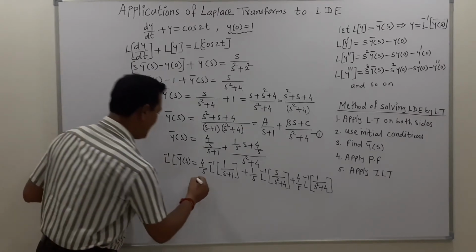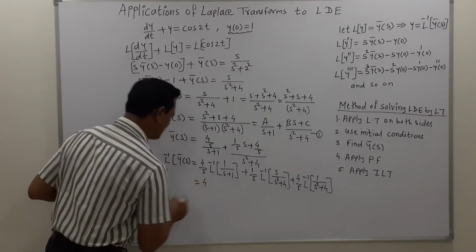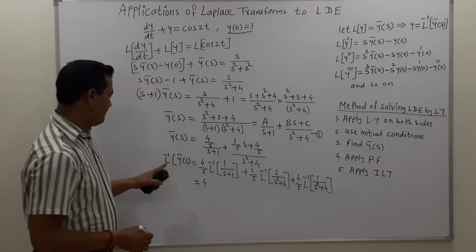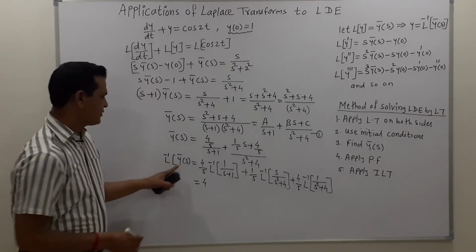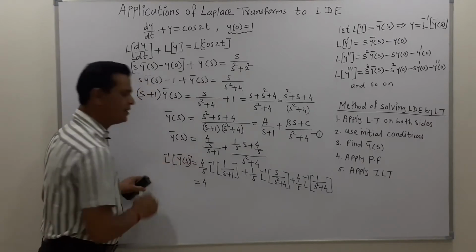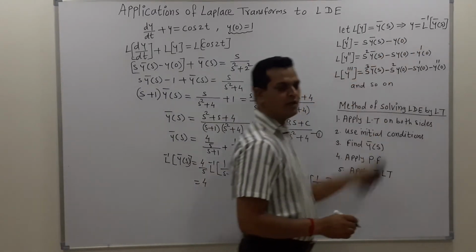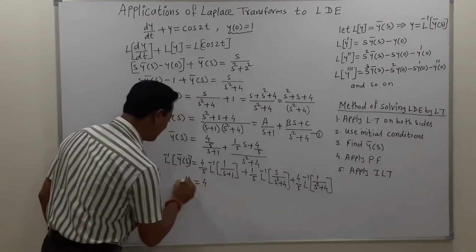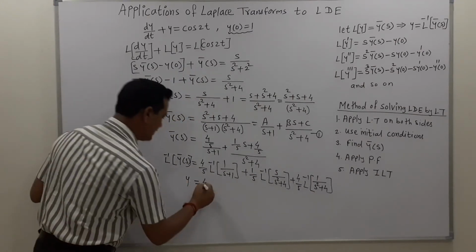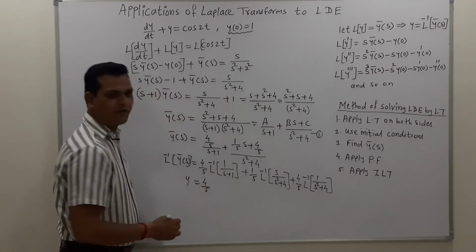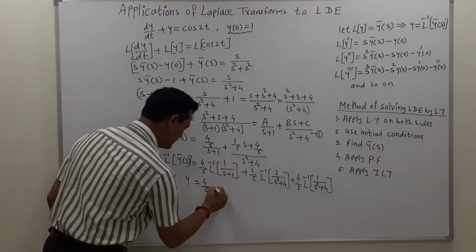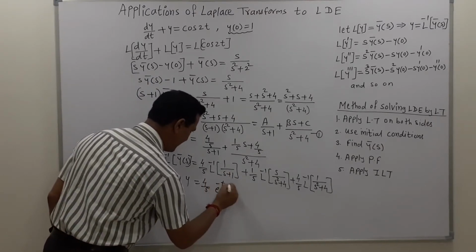So now friends, apply the concept of inverse Laplace transformation. We know that the inverse Laplace transformation of y bar of s is equal to y. So we can write the left hand side term as y, which is equal to 4 upon 5. Then this is the standard result for e raised to minus t.